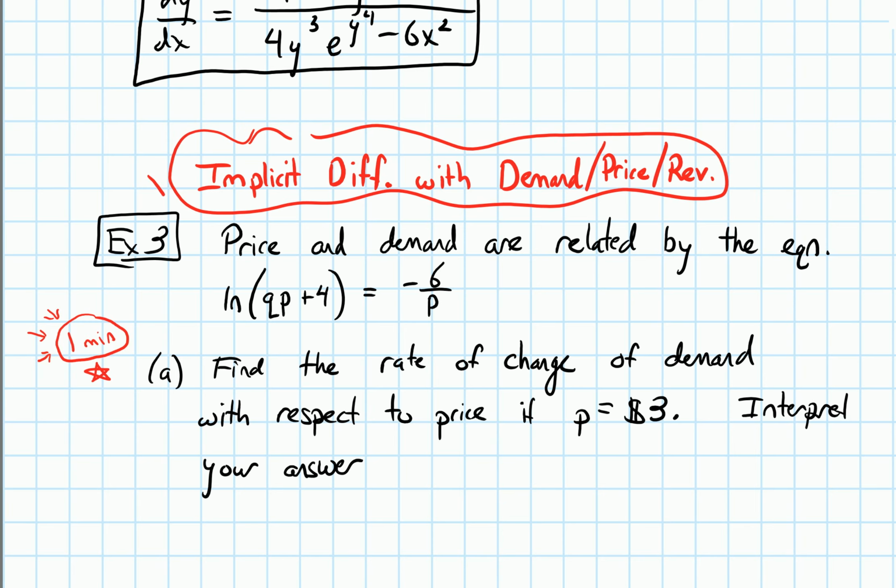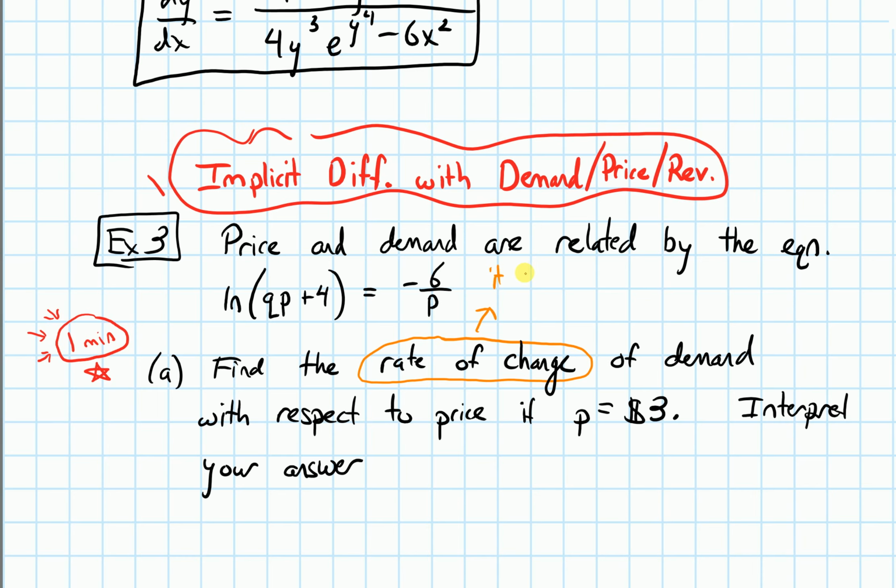All right, so hopefully you've paused the video and thought about that. There are two things that I want to comment on here. When a question talks about finding the rate of change, we know about two types of rate of change. We know about average rate of change and instantaneous rate of change. But this problem doesn't specify which one it is.